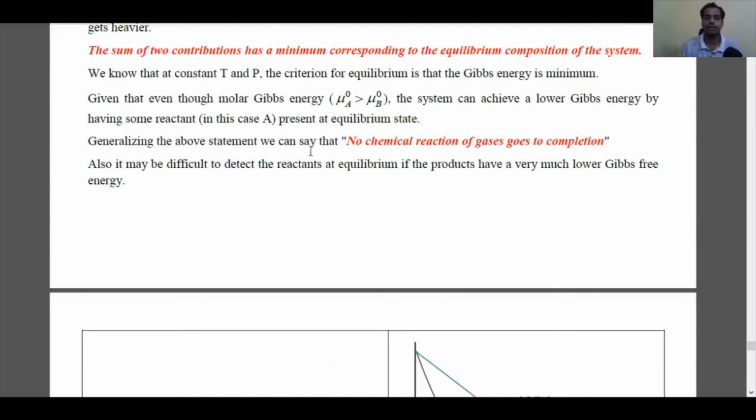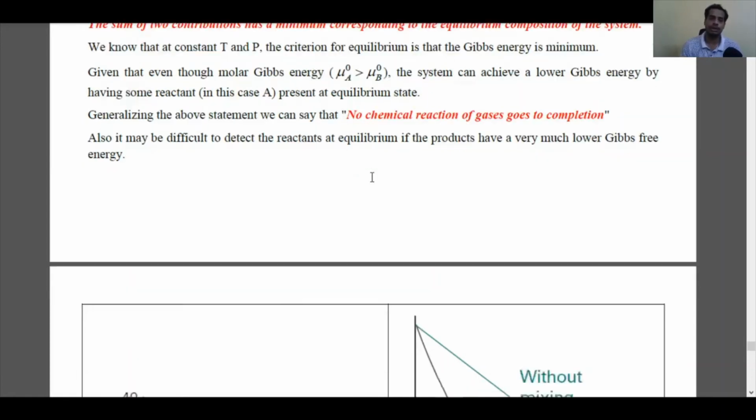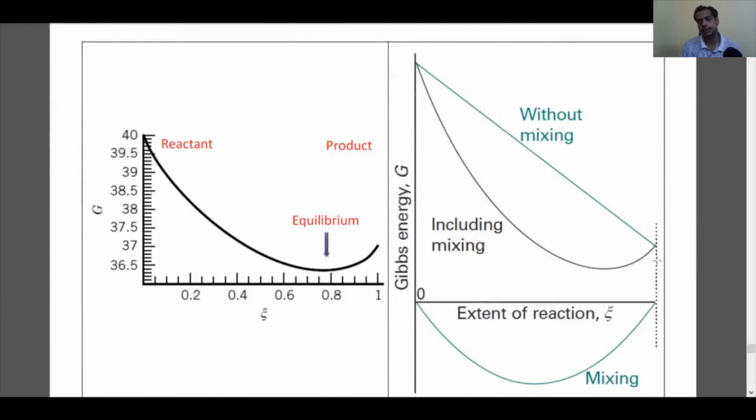That's what this statement says. Generalizing the above statement, we can say that no chemical reaction of gases goes to completion. Also, it may be difficult to detect reactant at equilibrium if the products have a much lower Gibbs free energy. If the product's Gibbs energy is low, then it is difficult to find the equilibrium position.